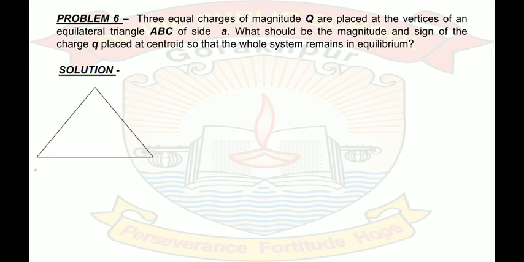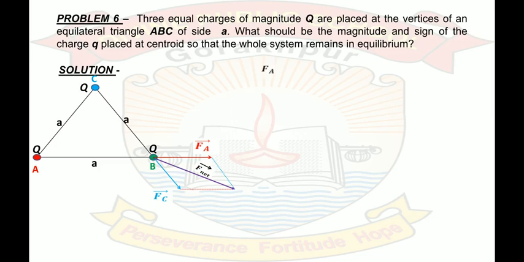Let us make the diagram first of all. A, B, C, charges Q, Q, Q, sides a. Now force at B I am going to calculate. So it will be Fa, it will be Fc. The resultant of Fa and Fc, let it be F net, and F net is in this direction. Till here we have done.